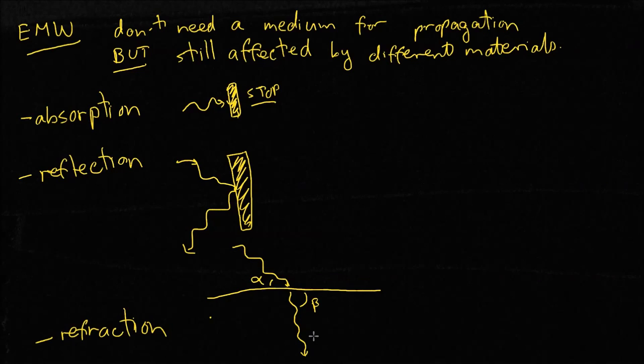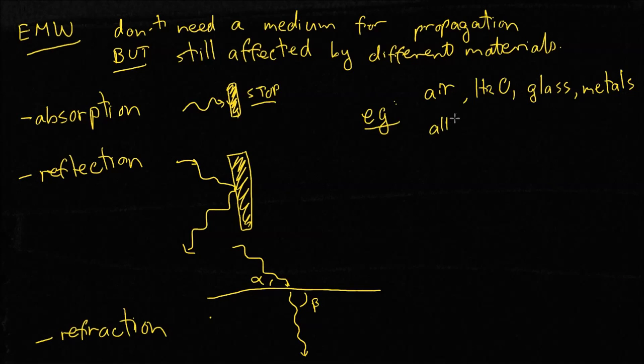So light travelling through glass, for example, travels at a different speed than it does through a vacuum or air or water. And for waves that travel through metals, they also travel at different speeds. All of these materials react differently to electromagnetic waves at different frequencies.